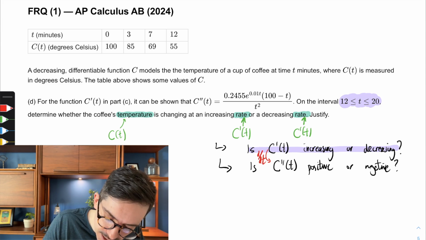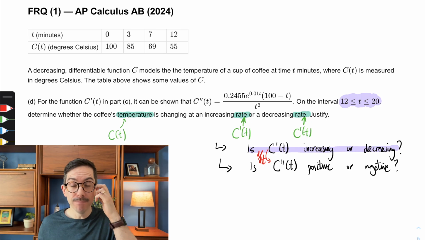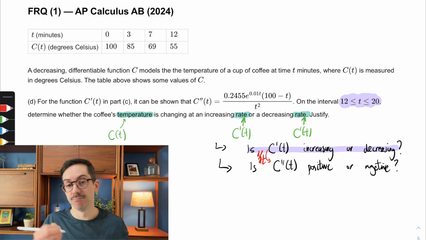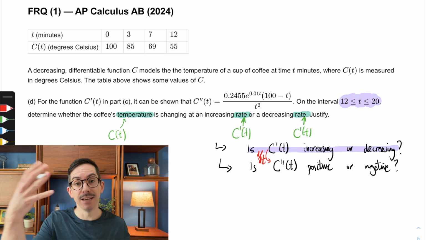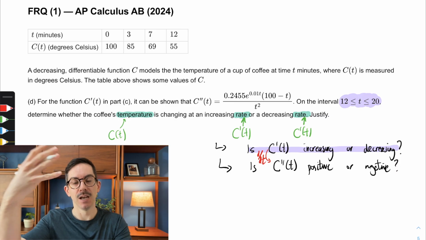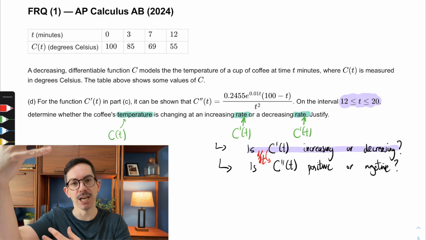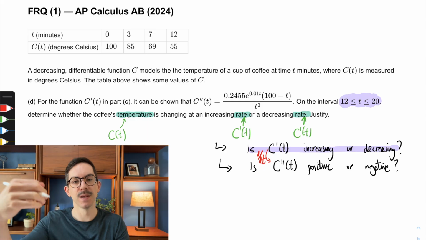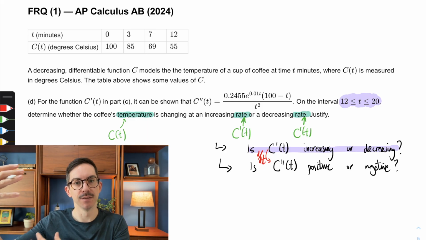Because if I take C prime and calculate its derivative, I get C double prime. Taking a function and asking if it's increasing or decreasing, like we are about C prime, the corresponding question about the derivative is: increasing means the derivative is positive, decreasing means the derivative is negative.